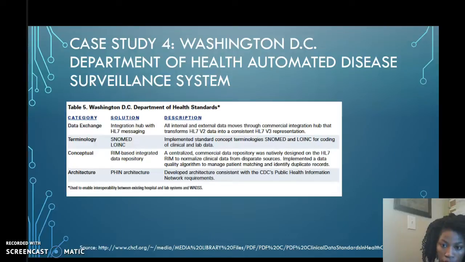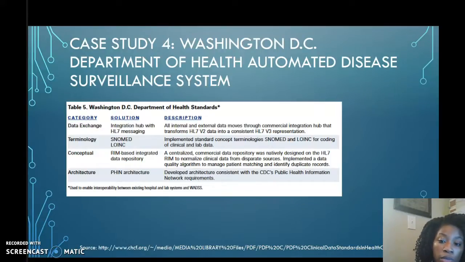The Washington, D.C. Department of Health, DCDOH, is the public health agency responsible for the District of Columbia. After the post-anthrax crisis in 2002, DCDOH was under intense scrutiny, and the agency felt responsible to serve as a model for the rest of the country.